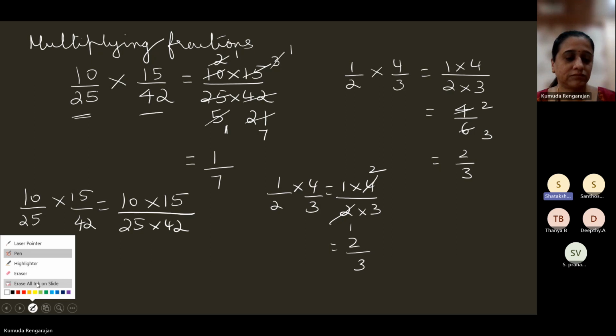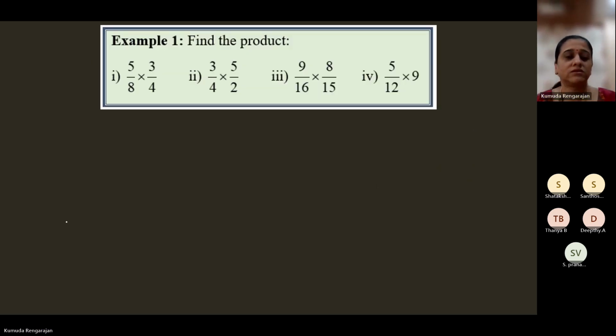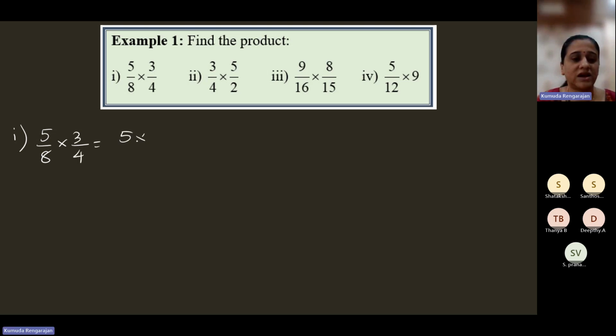Yes, ma'am. Now try this one, children. Try these. We have to do it, right? Now, here in the first one, we start like this. But you see that you cannot take a number from the numerator and a number from the denominator and simplify them in the same table.